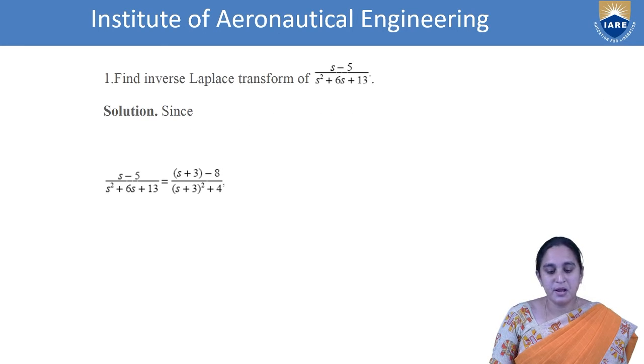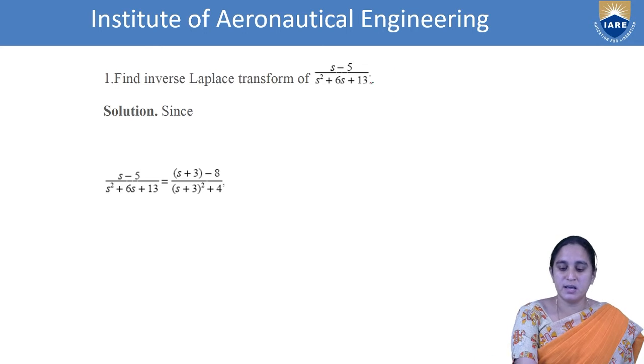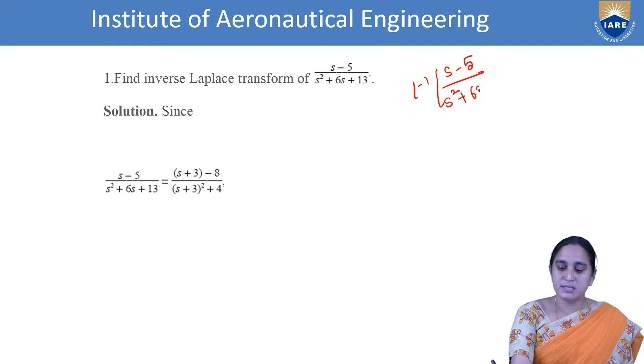First question: find the inverse Laplace transform of s minus 5 by s square plus 6s plus 13. Once you observe the question, it is directly given as Laplace inverse of s minus 5 by s square plus 6s plus 13.